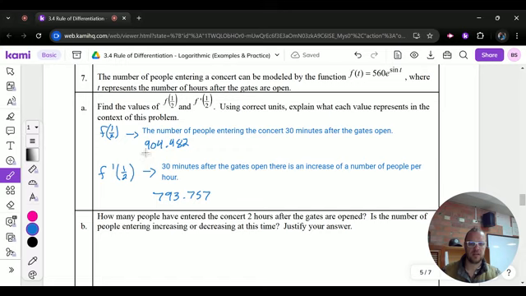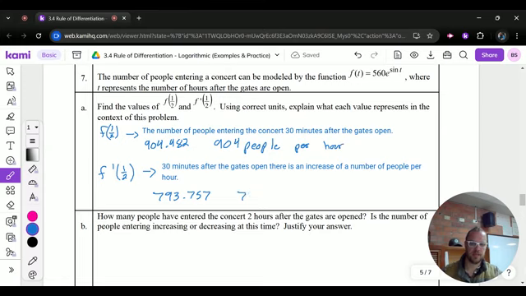Okay. Now, first of all, we're going to need to change these a little bit. We can't really have all these decimals, right? So this one is going to be 904 people per hour, right?